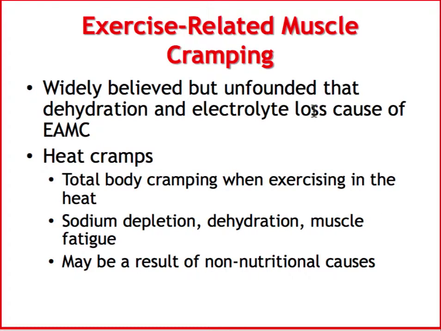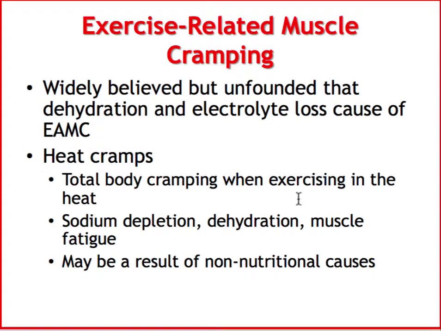Exercise-related muscle cramping used to be believed to be due to hypohydration and electrolyte loss, but now what we've realized is that heat cramps when exercising are not really related to electrolyte depletion.